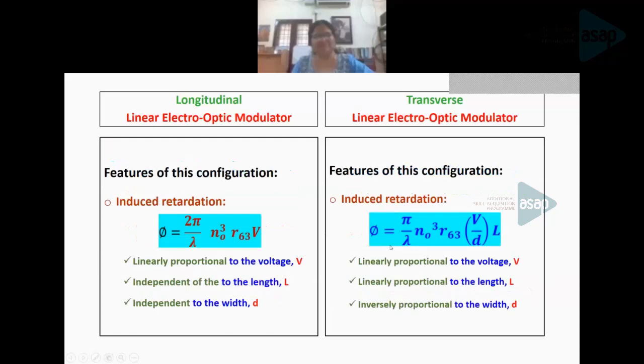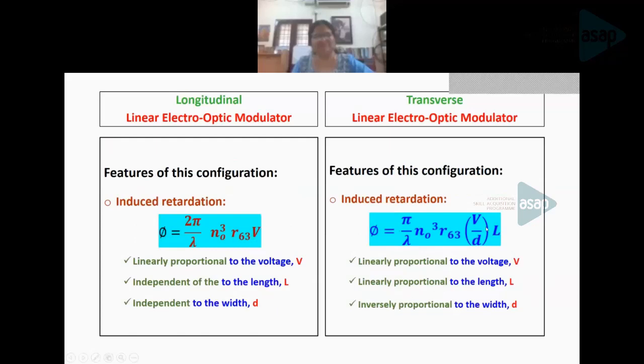Here also, the induced phase difference for the longitudinal case depends only on the applied voltage and is independent of the length or width of the medium. But here, the phase difference or induced retardation is directly proportional to the applied voltage, directly proportional to the length of the medium, and inversely proportional to the width.